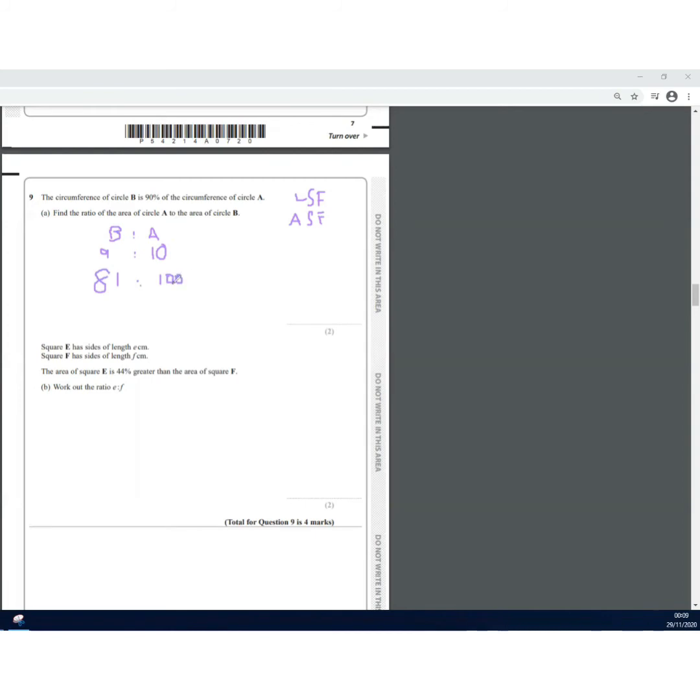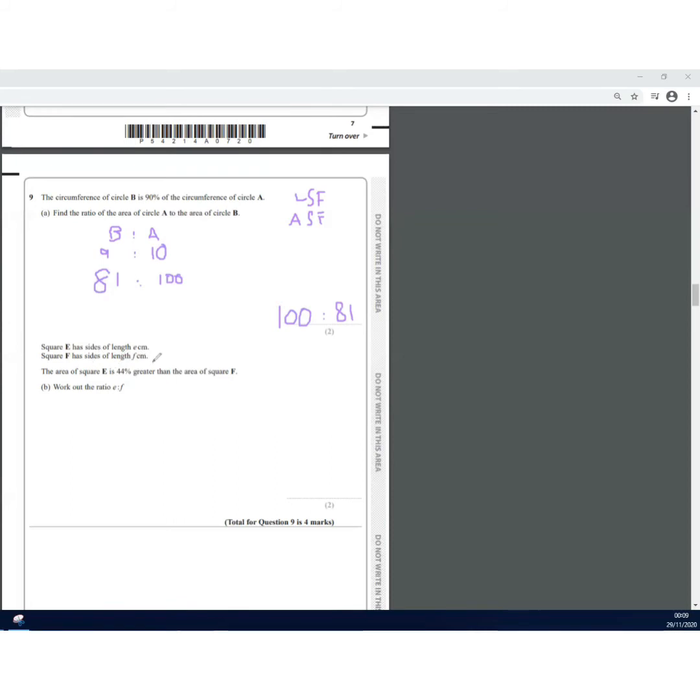So therefore, because they need the ratio of the area of circle A, which is 100, to the area of circle B, which is 81. That's part A.